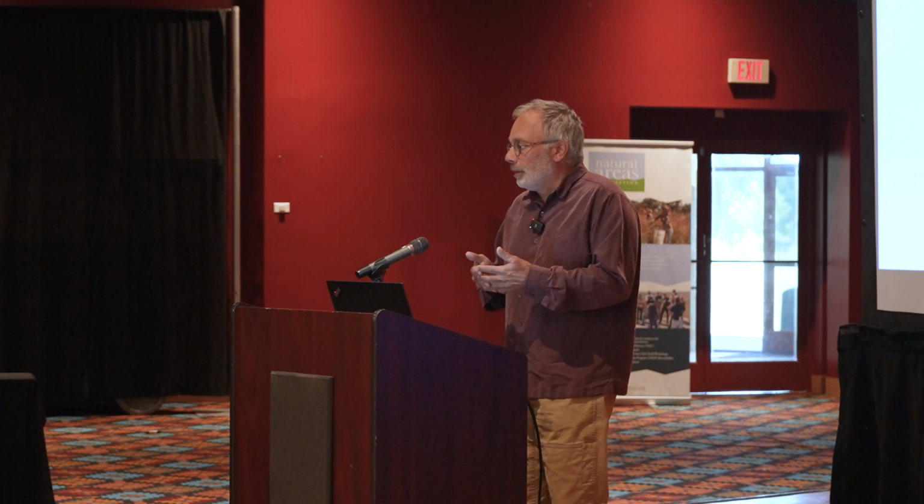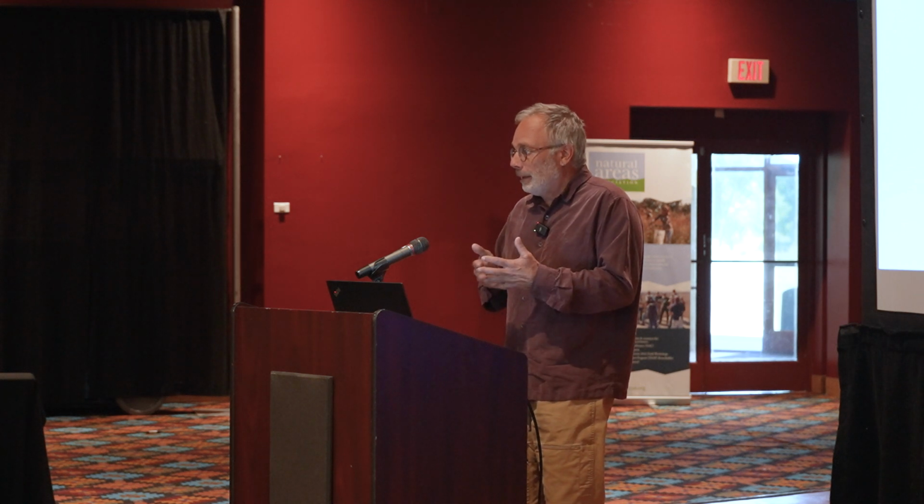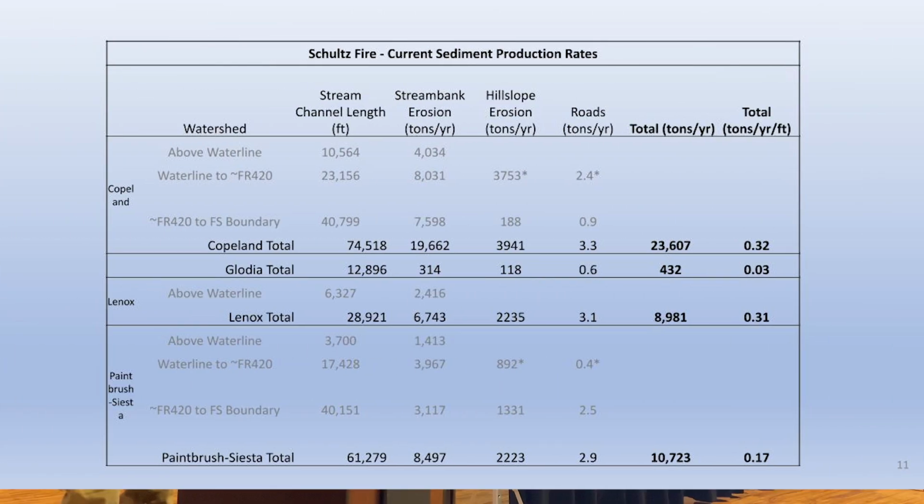Most of the work that we've done over the last 12 years or so, and there are exceptions, but most of it leads us to the highest percentage usually coming from channels. The hill slope processes, because the BAER teams do a pretty good job at stabilizing hill slopes, are kind of minimal compared to what can come out of these channels, especially if they've been incised deeply and are unstable.